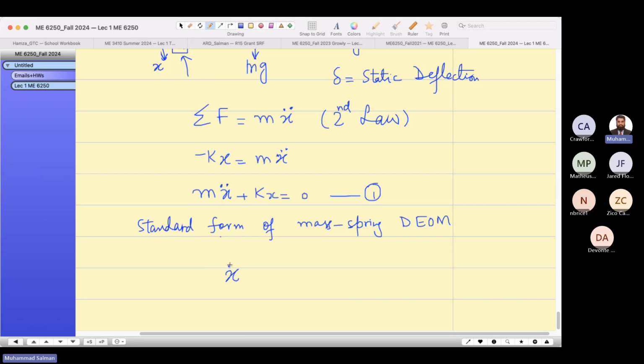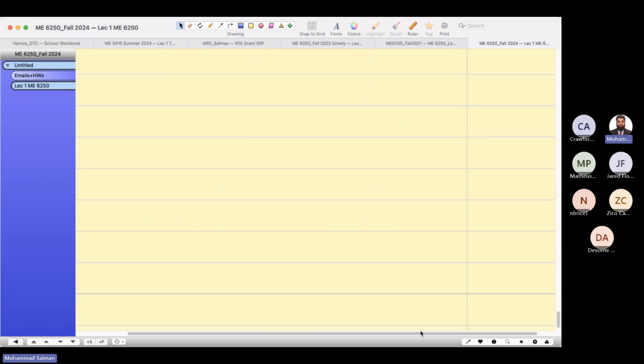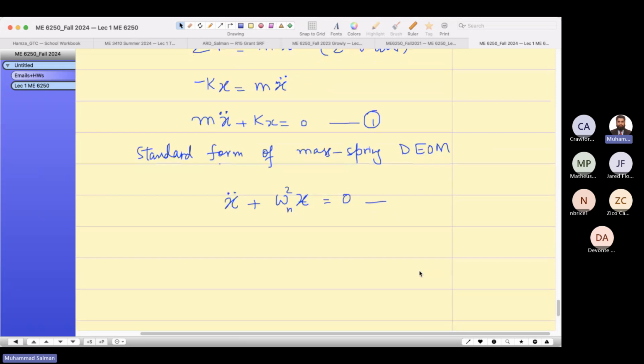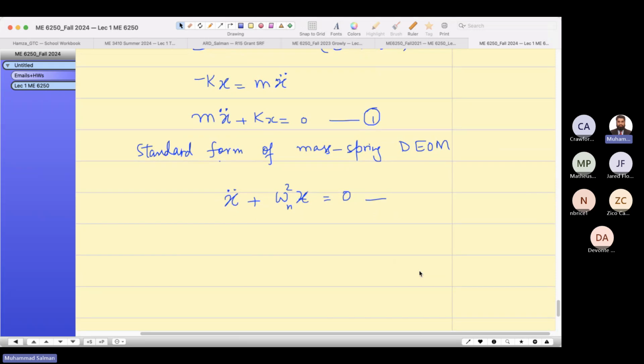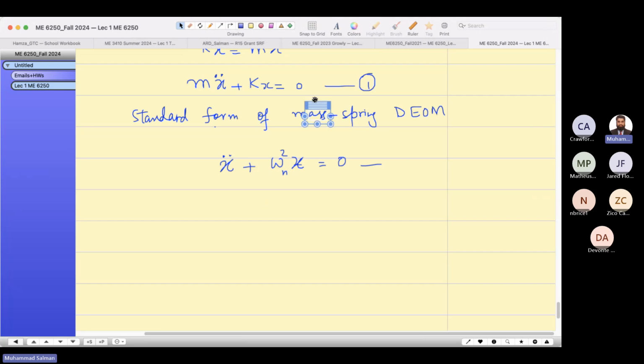X double dot plus omega n square times x. This is the standard form. You will compare any equation with it. Even if you see a torsional spring, I'll talk about that later on, you have to compare it with this standard form.